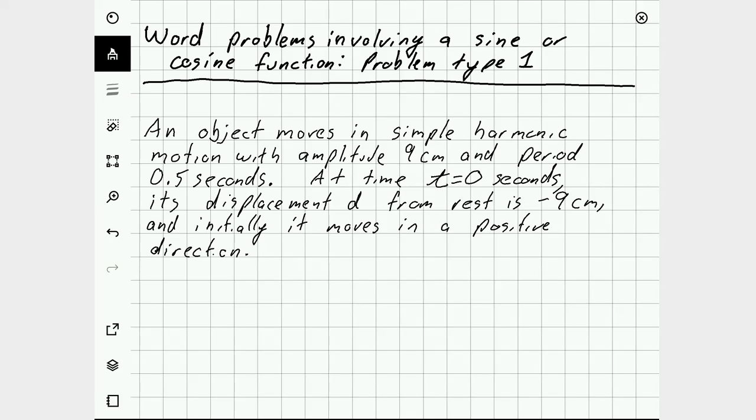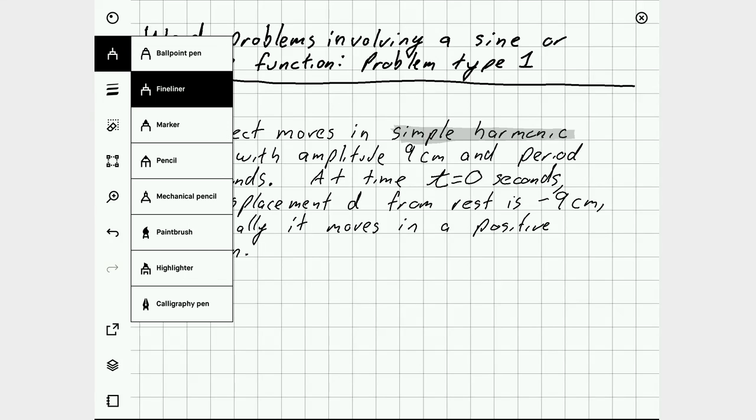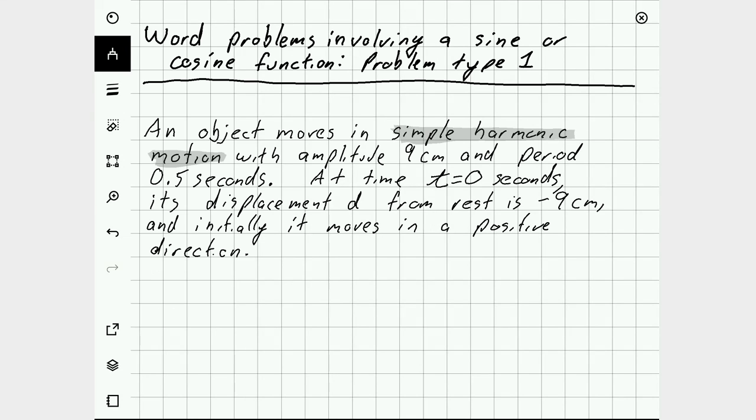The first thing I notice is that we are talking here about simple harmonic motion. Simple harmonic motion means a path described by a sine or cosine function.